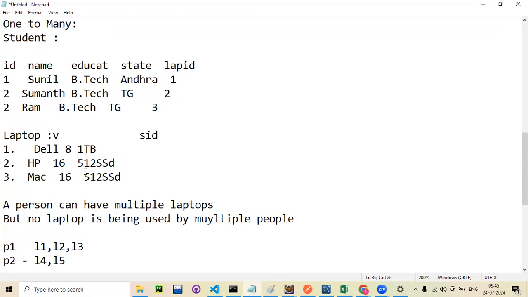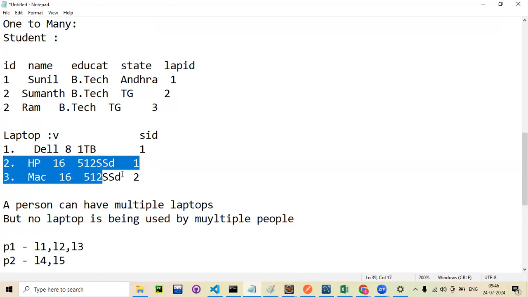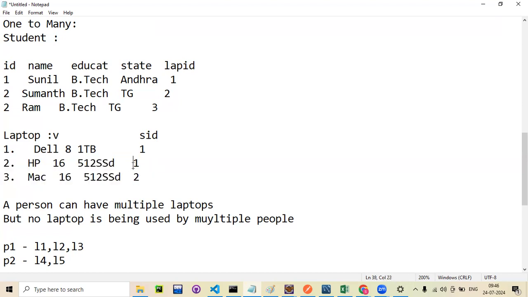Suppose a person is using the same guy using HP as well, then here also 1. And here also 1 or 2, whatever, because this laptop is being used by a second laptop. Is that fine?